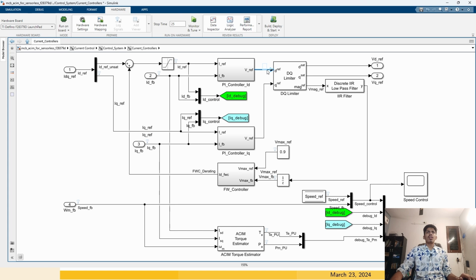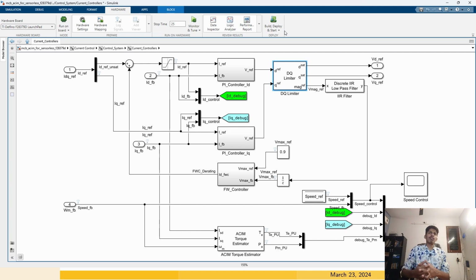The VDref and the VQref are given to a DQ limiter. We also looked at this block in detail, why we need to use this particular block to limit the voltage. We cannot just simply clamp. This voltage will be applied to the inverter gate pulses, right? So if this voltage is very large, you may saturate the machine or damage the machine.